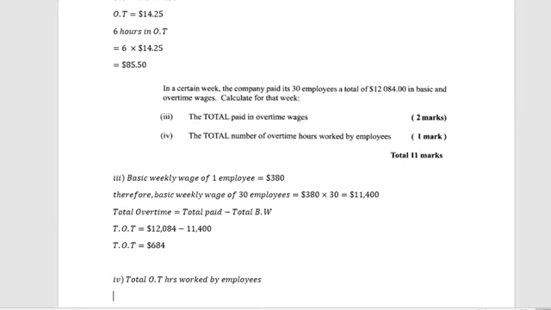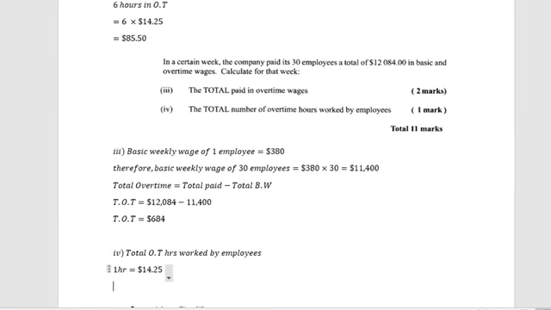So what we know is that 1 hour of overtime is equal to $14.25, which is what we've calculated. So therefore, we're trying to find X hours. How many hours in overtime is worked from this set of 30 employees?